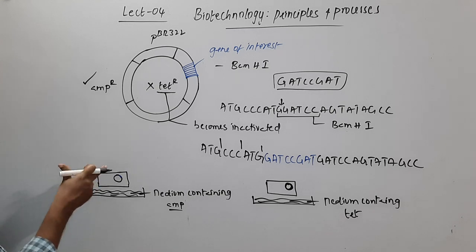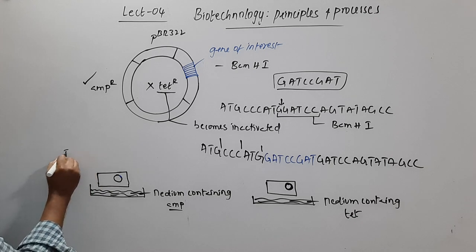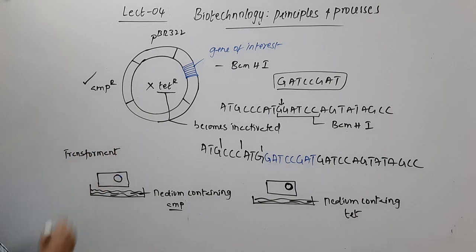E. coli bacterium that has the plasmid with the gene of interest, so that is rDNA. I say this is a transformant.